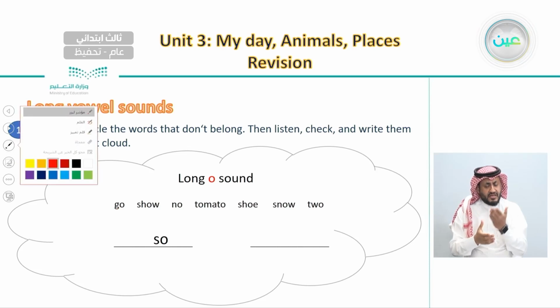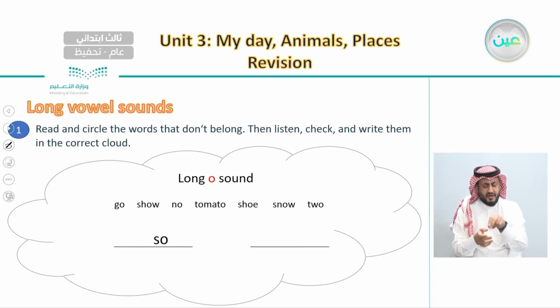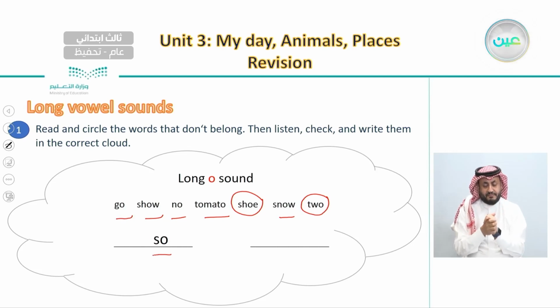So what do we do? We circle the word shoe. Also the word two is a sound that does not belong. It doesn't have the same sound as snow, tomato, no, show, go, and so.